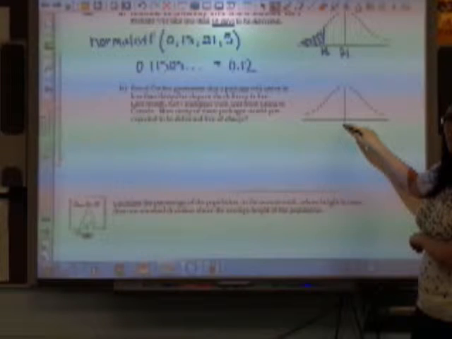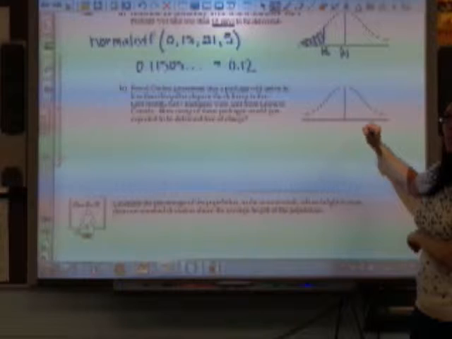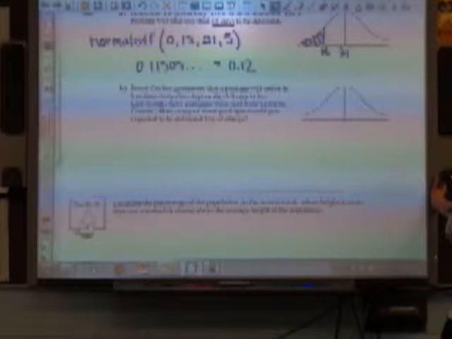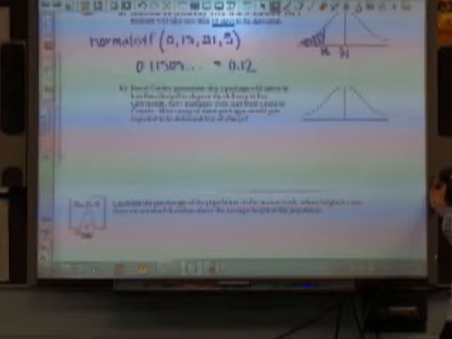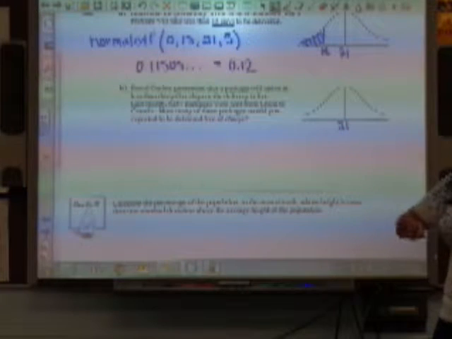And what is the mean delivery time for a package from China? Go back to the original question right at the top. On average, how long does it take to deliver a package? 21 days. That's what goes in the middle.